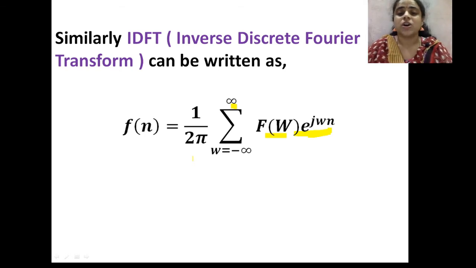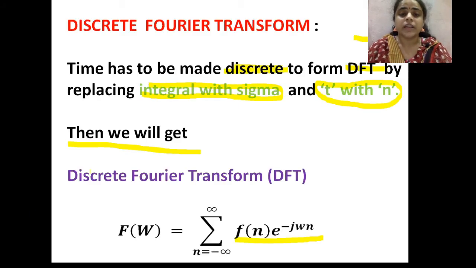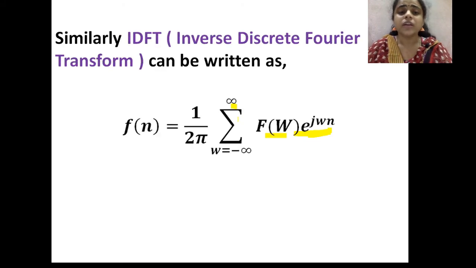Nothing else has changed, only two changes from the analog to the discrete domain. What are they? The integral was replaced by the sigma, and t is replaced with n. This is the IDFT formula.